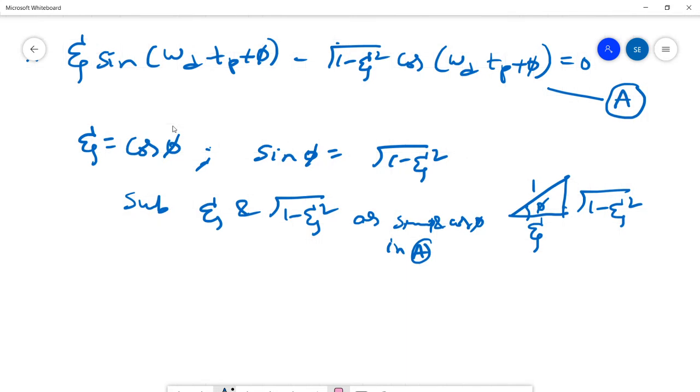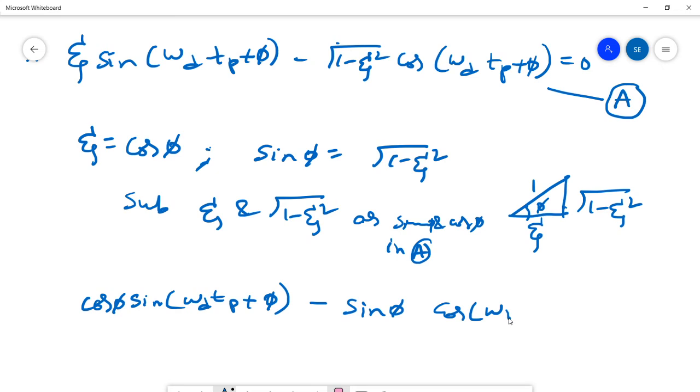What we get? Cos phi sine omega d tp plus phi minus sine phi cos omega d tp plus phi, that is equal to 0.